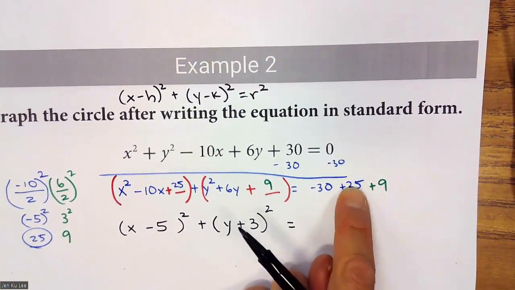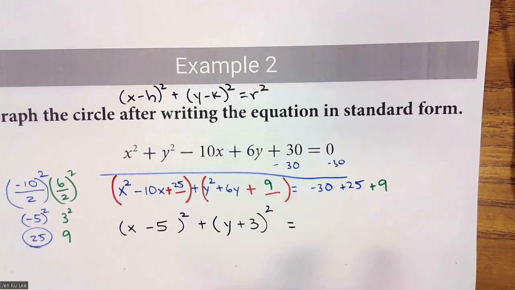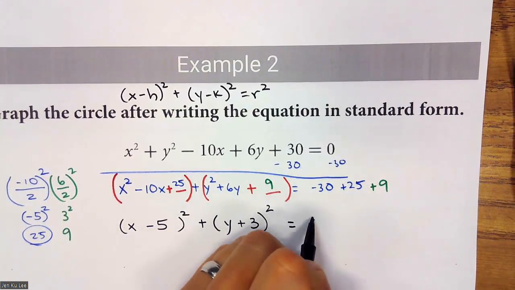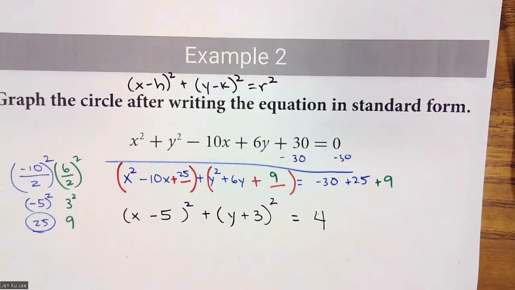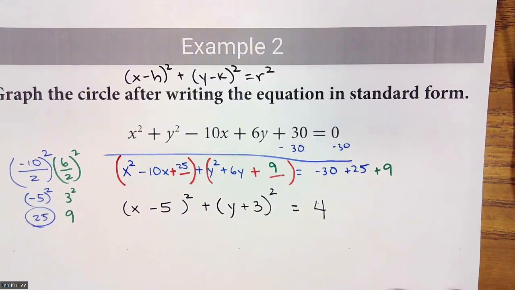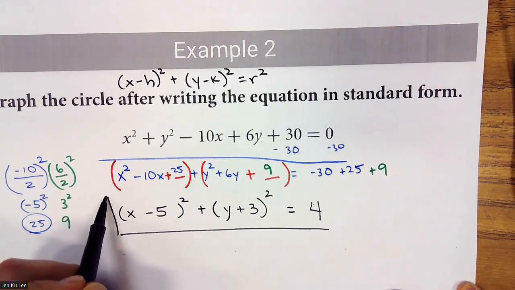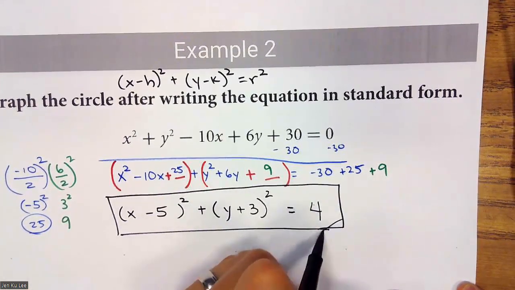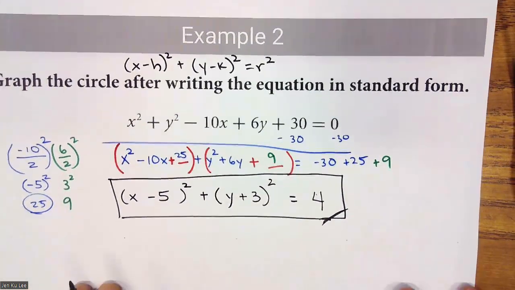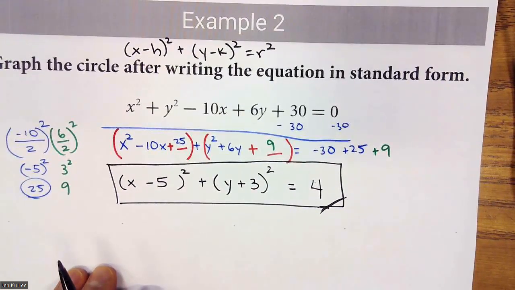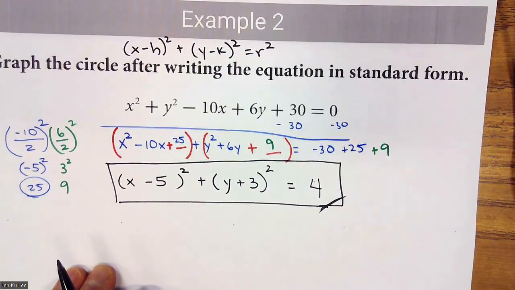This is negative 5. Negative 5 plus 9 is 4. Do you see how completing the square, that skill made the circle? Now we're going to have to graph it.